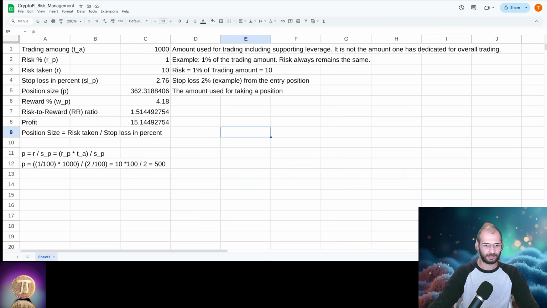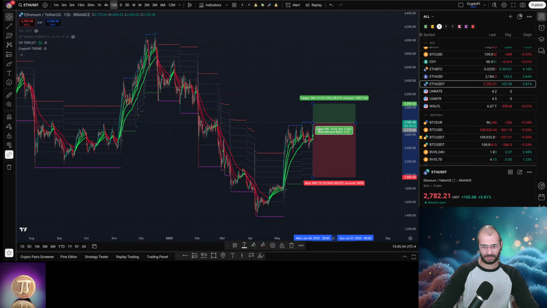If I click over here, let's say my trading amount is $1,000. I'm going to take a risk. Last time we took a risk of 1% of our trading amount. Let's say for this particular paper trade, I take 2%. So I'm going to risk $20 for this trade.